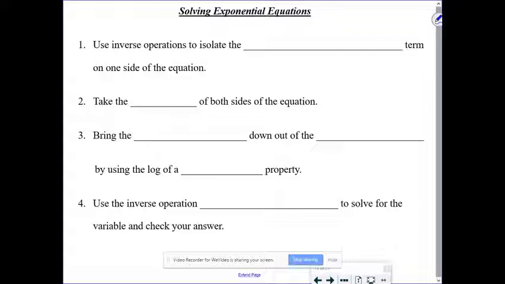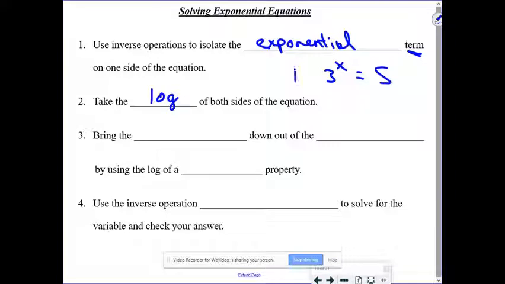So, one last thing, solving exponents. What do we do? Well, first thing, use inverse operations to get the exponential part alone. We want a number raised to the x equals something here. So then I can take the log of both sides of the equation.